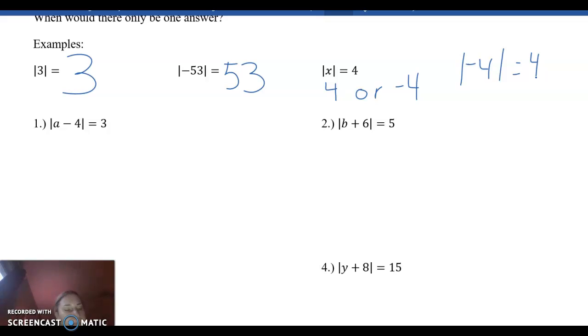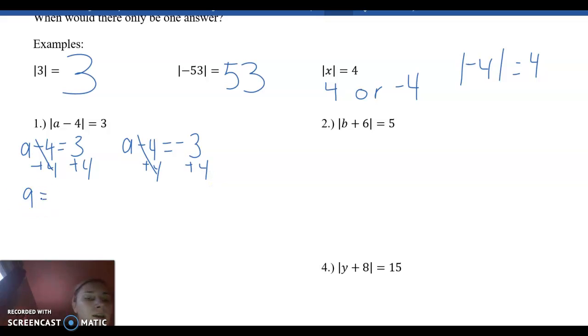For number 1, we want to set this up. We do not have anything added to the absolute value, so we can go ahead and set up our 2 cases. So a minus 4 is equal to +3, and then a minus 4 is equal to -3. We can solve by adding 4 to both sides for both of them.